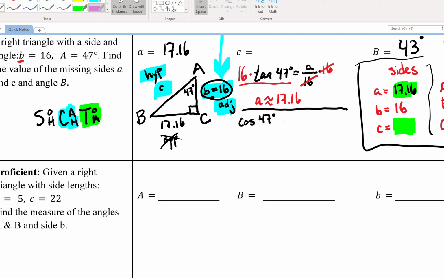So cosine of 47 degrees is A over H. A is 16 over H, which is our C. And so I'm going to multiply both sides by C to get it out of the denominator. And then I'm going to divide both sides by the cosine of 47 degrees.